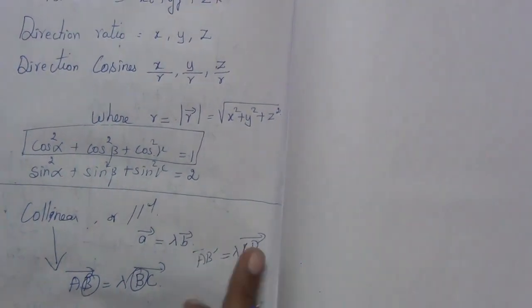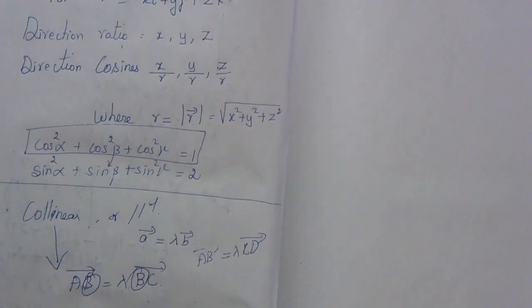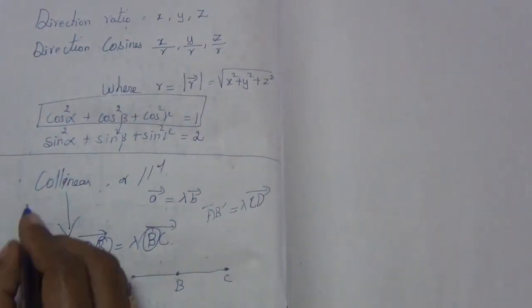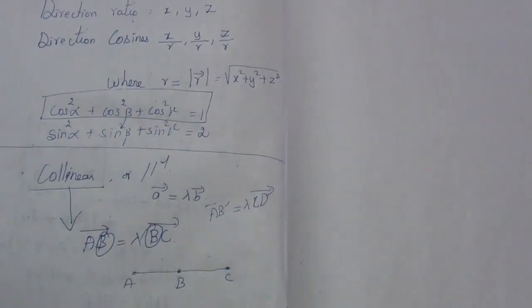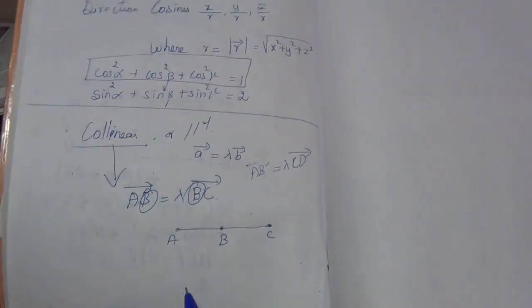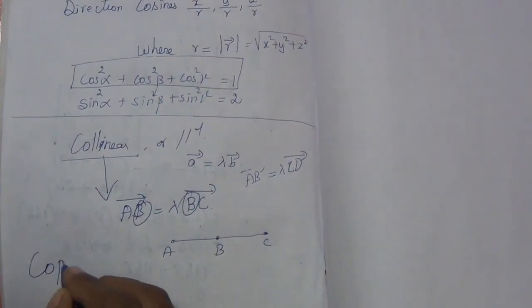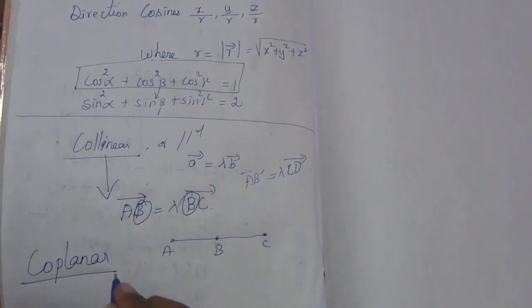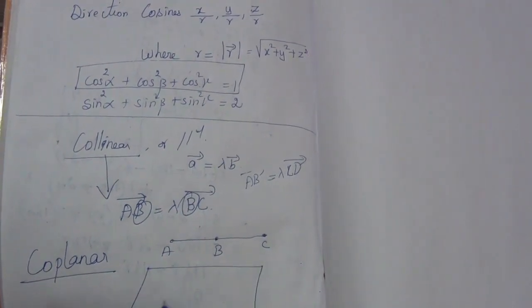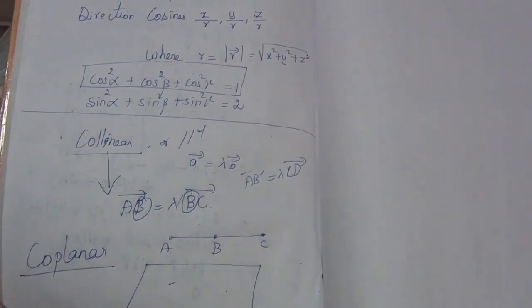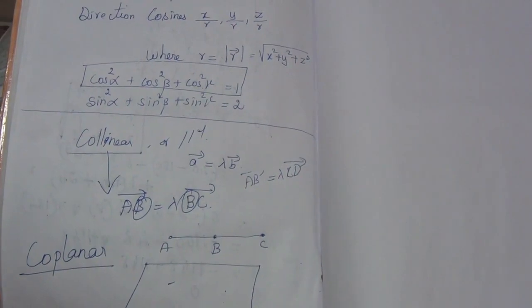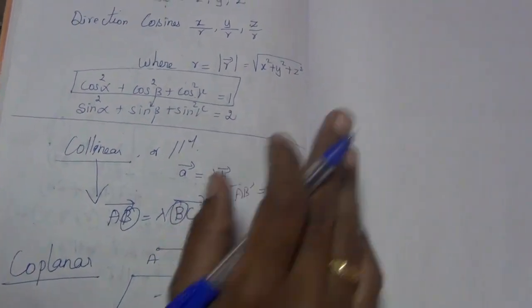If it is different vectors, we can say that is parallel. Then coplanar. Collinear means 3 points lying on the same line. Coplanar means lying on the same plane. So using this, we will do some problems.